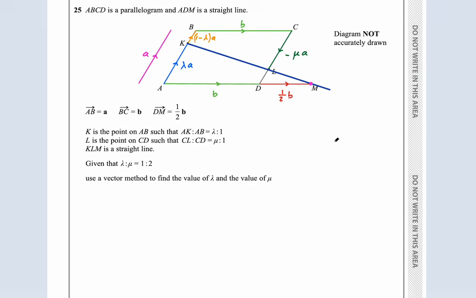Okay, that's M. That's important, guys, the straight line, because the way I'm going to do this question is I'm going to say that KL and KM are multiples of each other. If they're going in the same direction, which they must be if they're on a straight line, then they must be multiples of each other. So I'm going to use that fact to solve this problem.